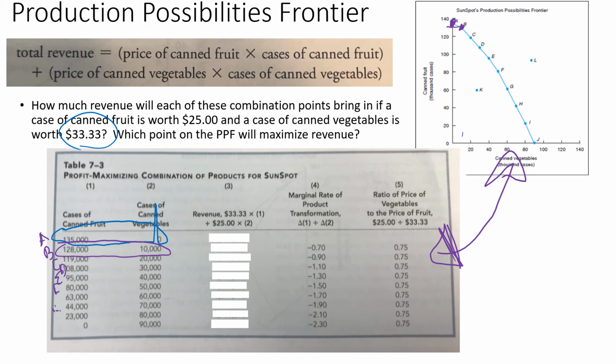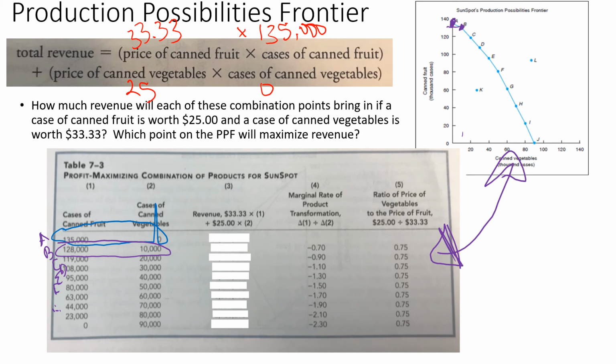So let's look at this. Our price of canned fruit is $33.33. And then for point A, our cases of canned fruit is 135,000. Our price of canned vegetables is $25. And our cases of canned vegetables in that case is 0. So $33.33 times 135,000.